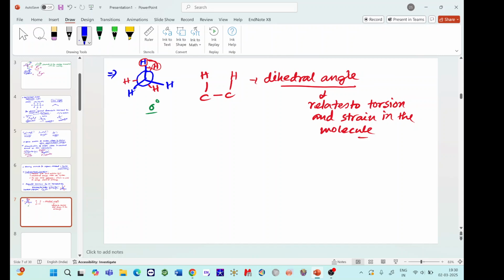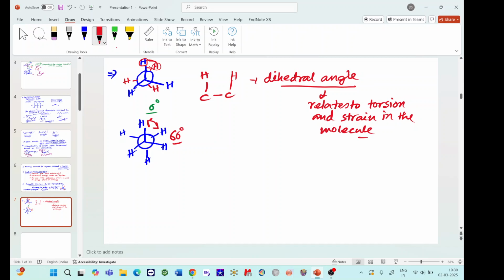Now let me rotate the other one, rotate this bond 60 degrees. What will happen? The front atom is the same, the hydrogen will be at the same position. I'll just rotate this bond like this. Now what you can see, this angle has changed. This is now 60 degrees. So the dihedral angle has been changed.